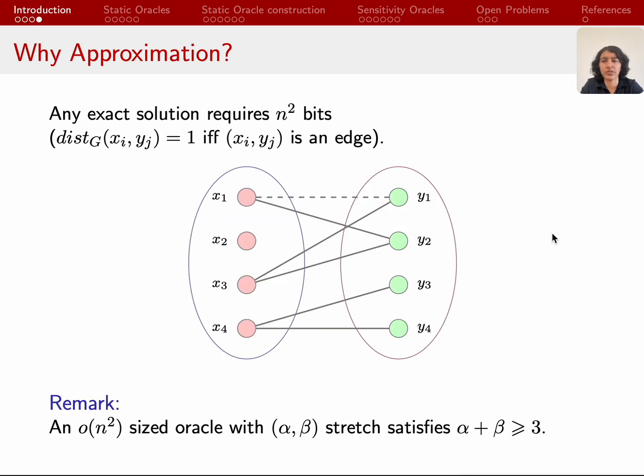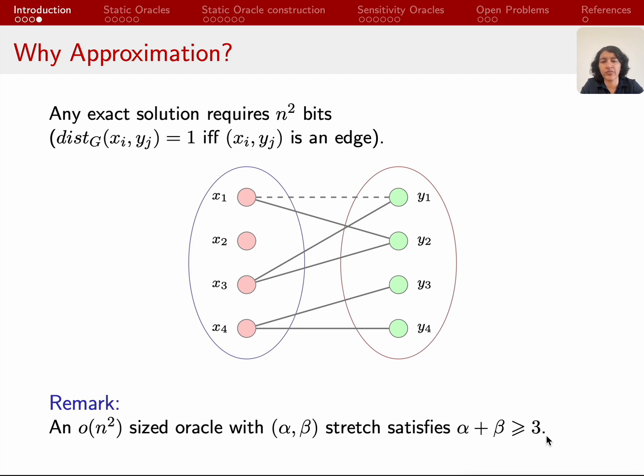Okay, it's natural to ask why we are considering approximation and not the exact distance problem. So it's very easy to construct bad graphs, which are just dense bipartite graphs, for which any distance oracle which is able to report distances of stretch alpha beta satisfying alpha plus beta is 3 or more must take omega n square size.